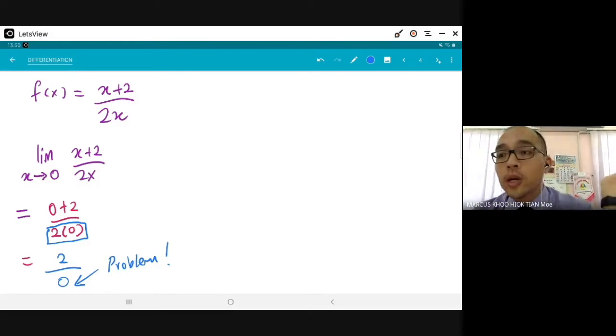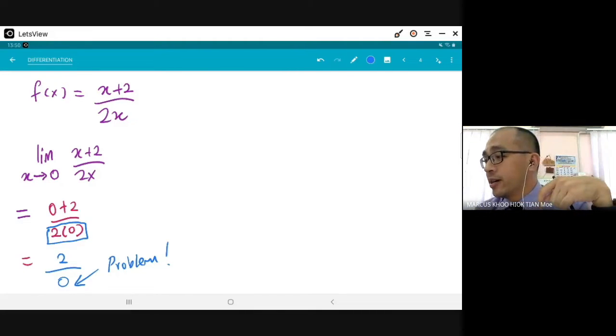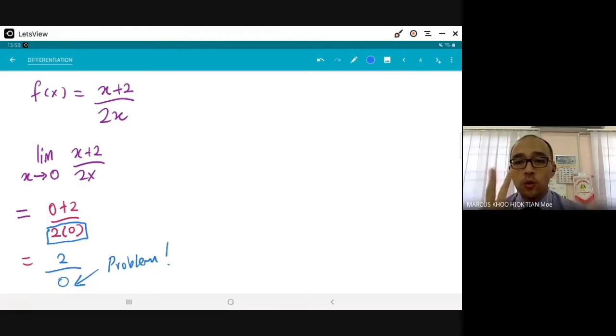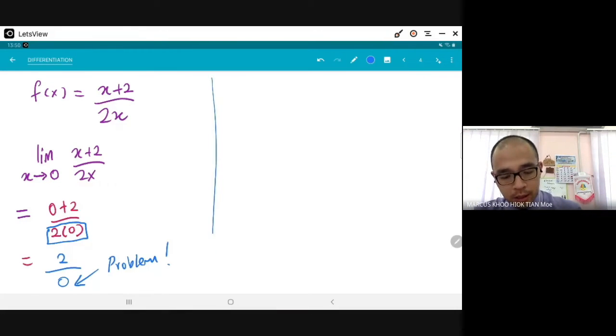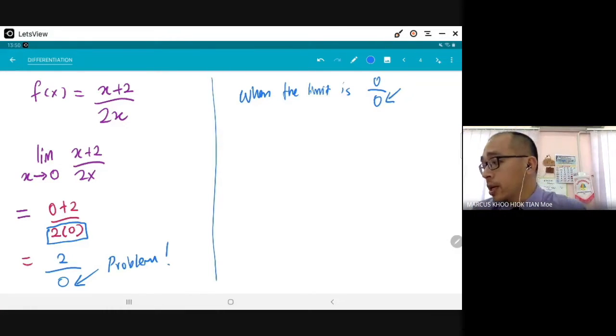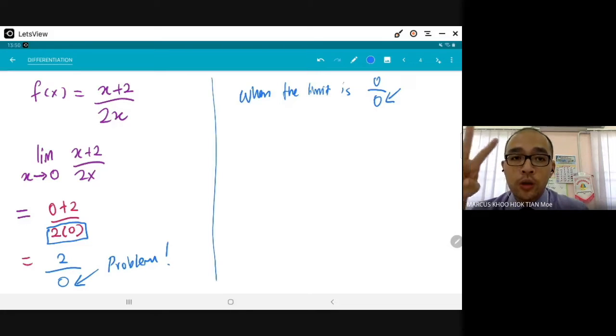So what do we do? Okay, so what we can do, sorry, I need to think about what we can do first. Hold on. Okay, so there are two things to think about lah. Okay, when the limit is 0 over 0, especially inilah, kalau dia adalah bahagi dengan kosong, okay, you need to do two things.